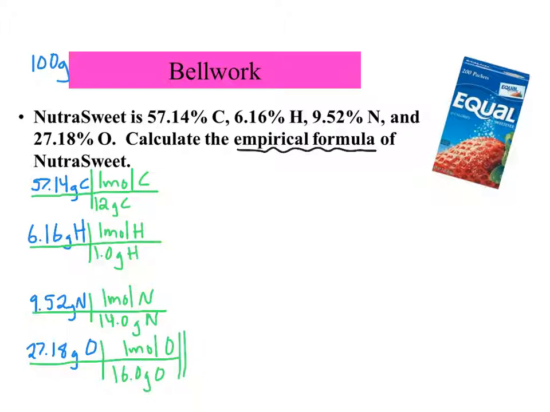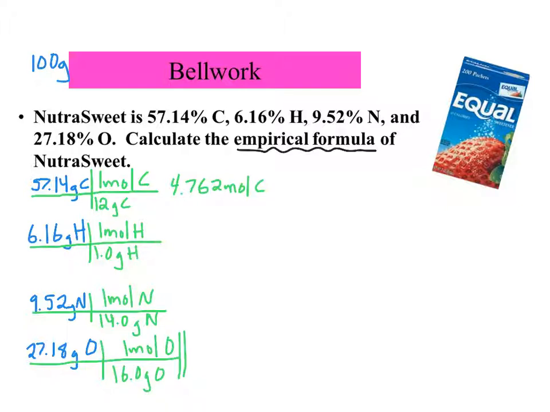When I calculate carbon, I get an answer of 4.7616, and it's repeating. And so with sig figs, I'm going to take 4 sig figs, 4.762, and that is moles of carbon.